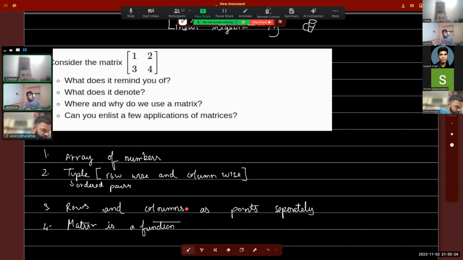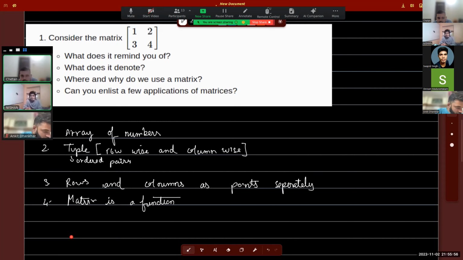I see 1, 3 and 2, 4 as vectors, taking the unit vectors 1, 0 and 0, 1. It also reminds me of some information. For example, as somebody rightly said, it could also be a representative of a linear equation, and of course a linear equation contains a lot of information.